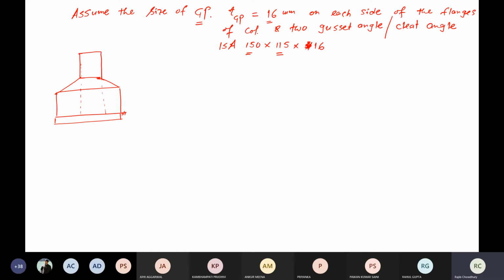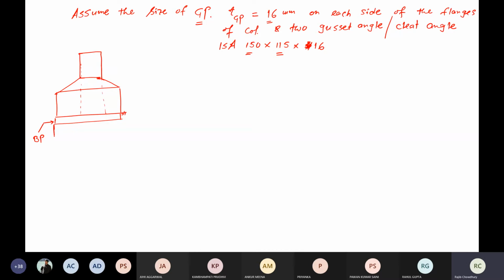Okay, so now basically this part is the base plate.